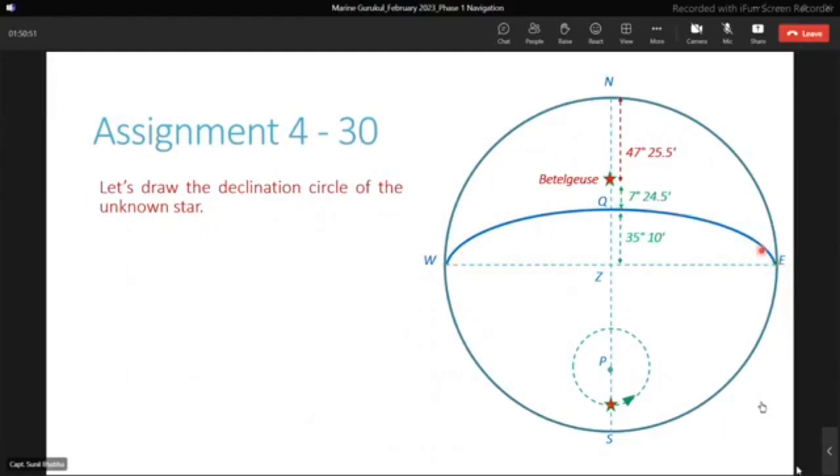So whatever direction this body is moving on the equinoctial, the same direction will the declination circle have. The star is also going to move in this particular direction only. So that gives us the direction in which the star is moving.